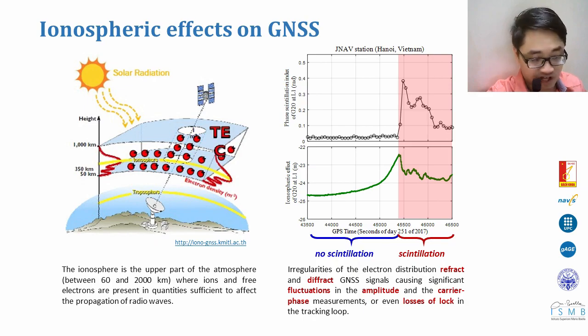But under scintillation, irregularities of the electron distribution refract and diffract GNSS signals, causing significant fluctuations in the amplitude and the carrier phase measurements, or even losses of lock in the tracking loop. And then finally, the problem is that the accuracy and availability of the service decrease.